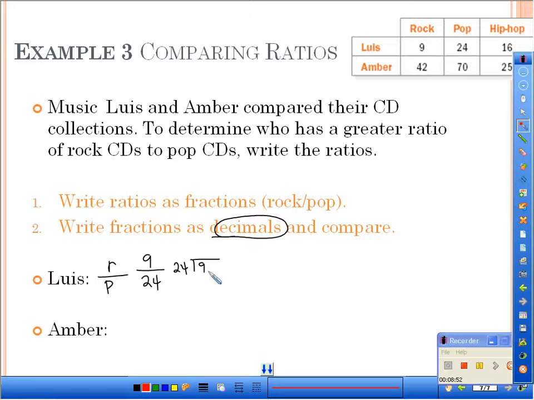Okay, you're going to need to add a decimal and a 0. Decimal goes straight up. 24 goes into 93 times. That gives us 72. And we'll have to borrow here. Okay, we'll add a 0. 24 goes into 180 7 times.